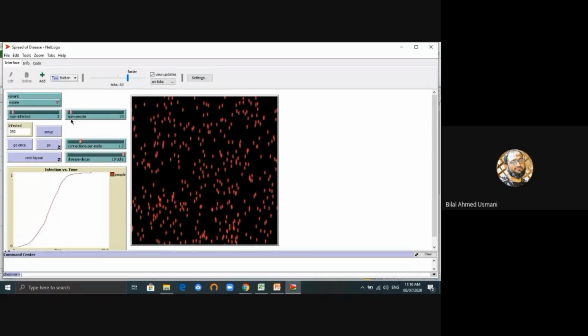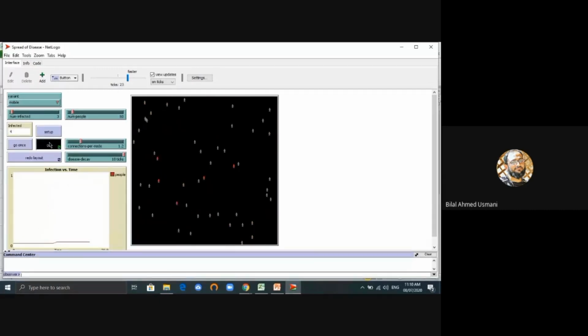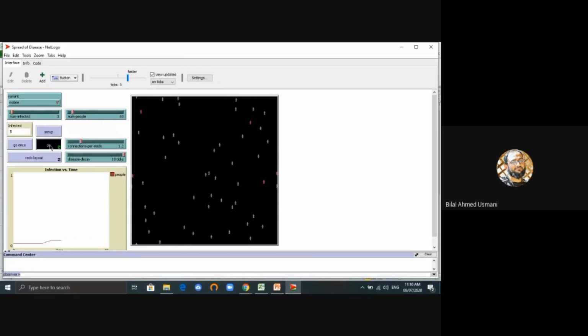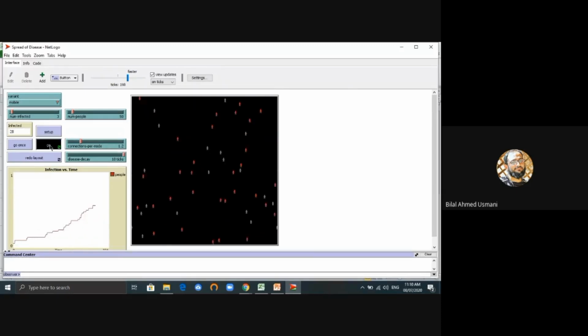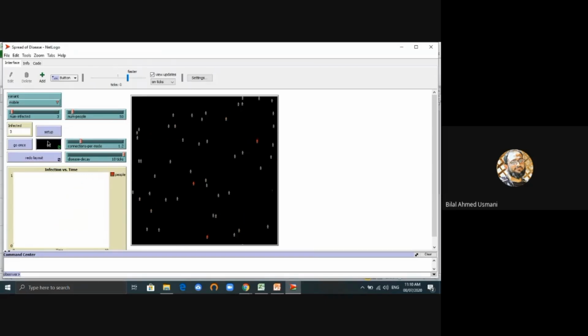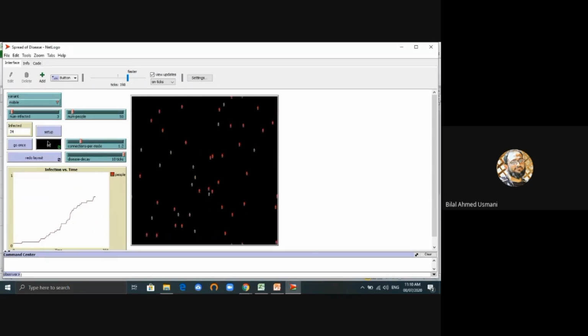And if I set it to say 50 people, the curve is not smooth at all, and it will take a significant time to build infection.